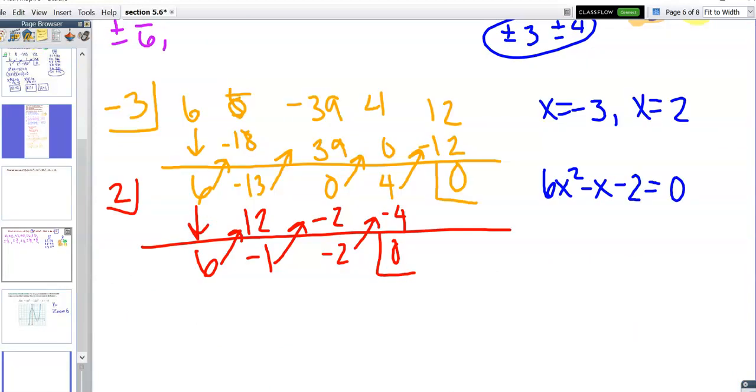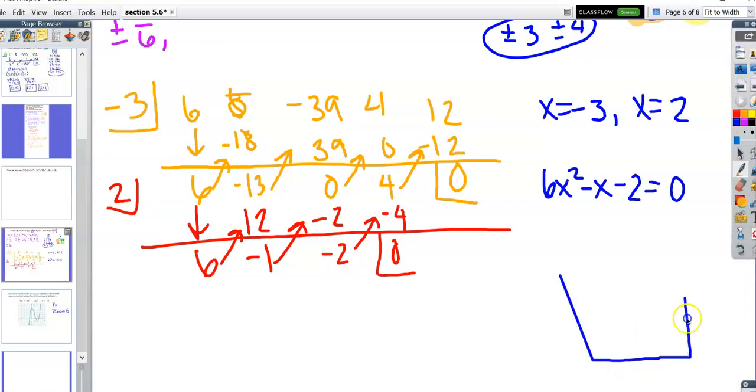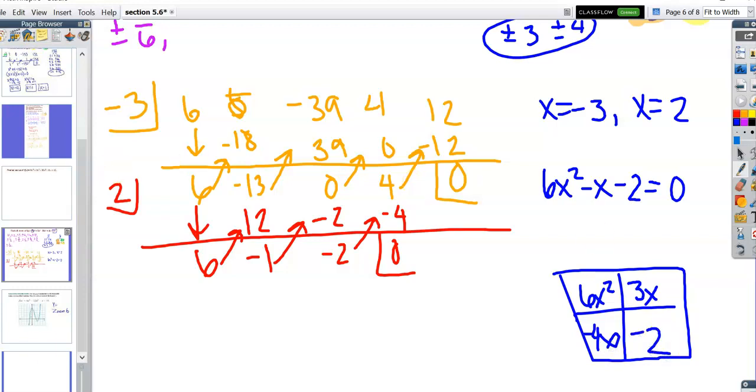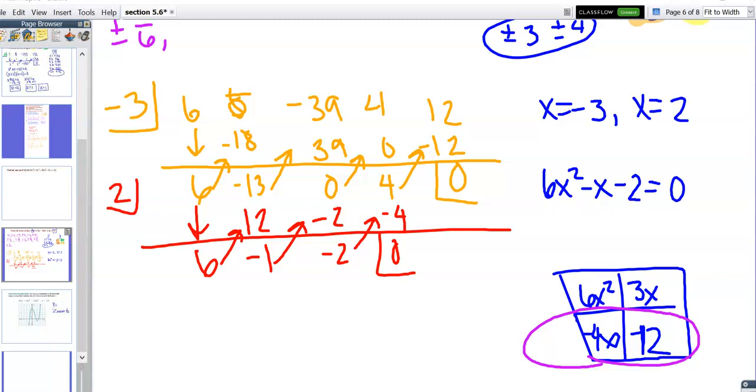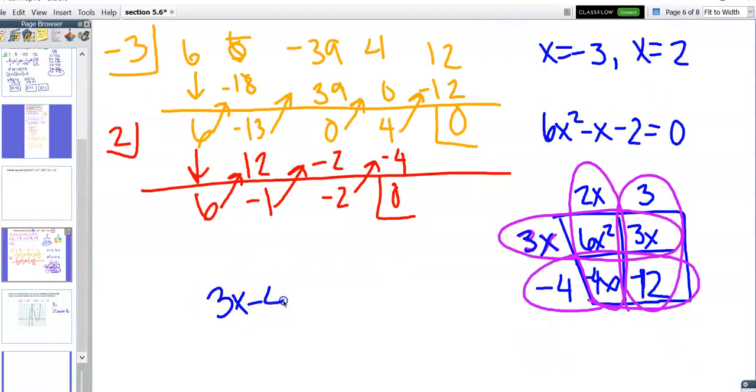If you don't like the box method, you can use the quadratic formula. Factor out. That should be -12 right there. Everything out, we are left with the pairs 3x minus 4 times 2x plus 3.